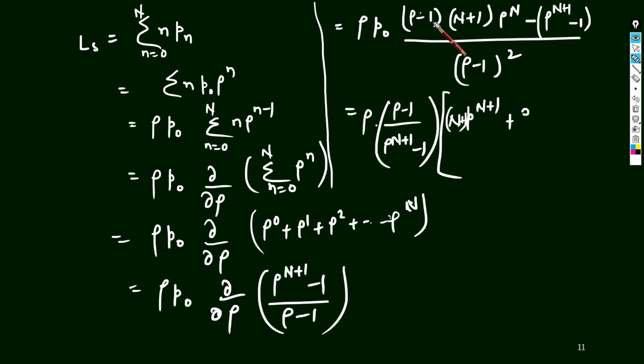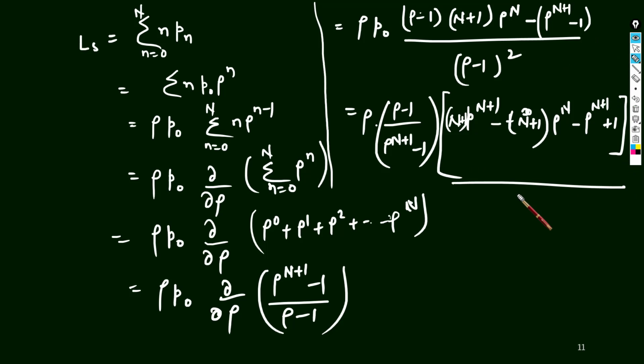Okay, and this is minus n plus 1 into rho to the power n, and here is this minus rho to the power n plus 1 minus minus plus 1, and divided by rho minus 1 square. So how much is this?